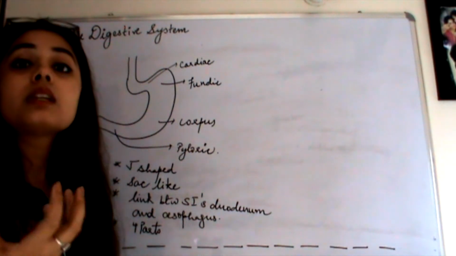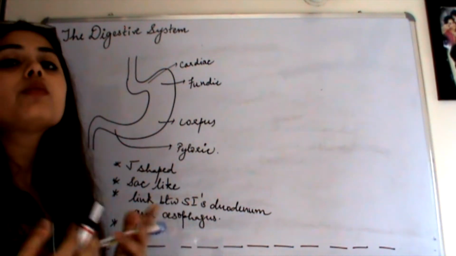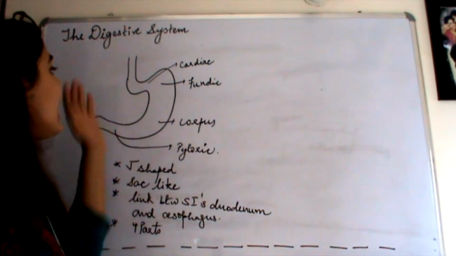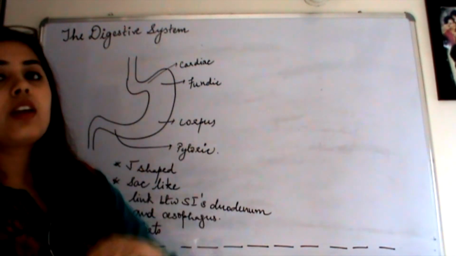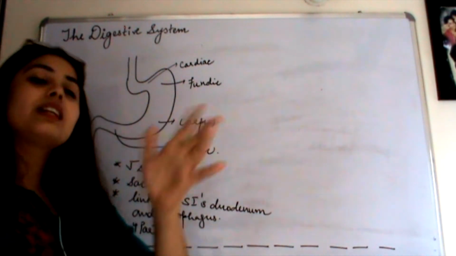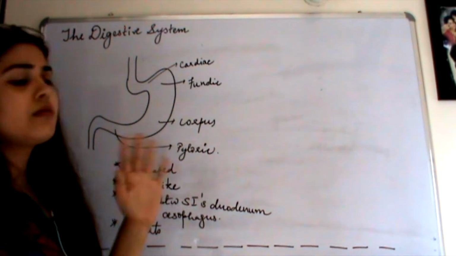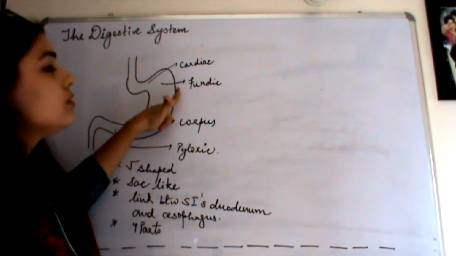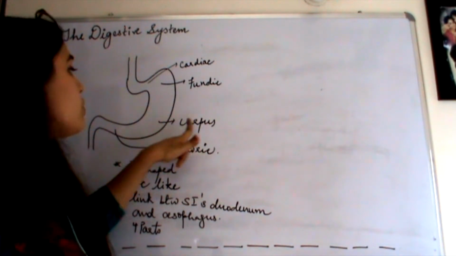In which part of the stomach is the food entering? Sorry. So it is entering the cardiac portion, right? The fundic portion is usually filled with gases. You will study this afterwards, not right now in such detail, it is not necessary. After the fundic portion, it moves to the corpus.